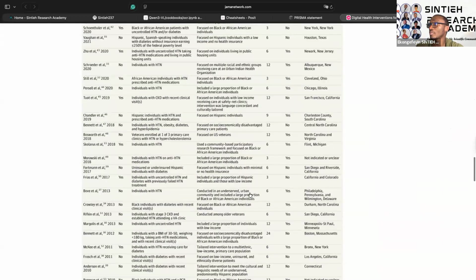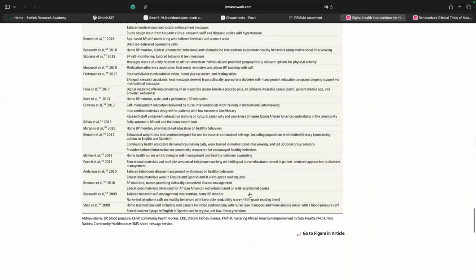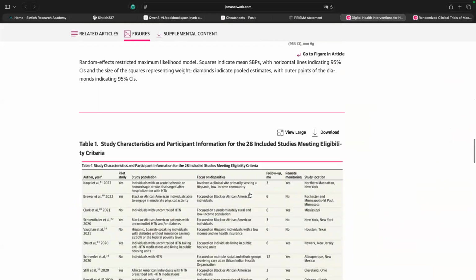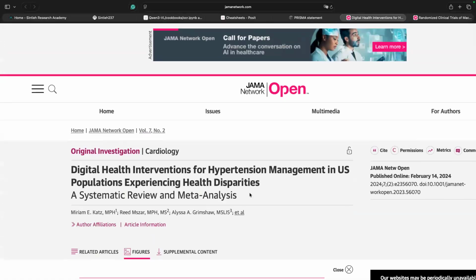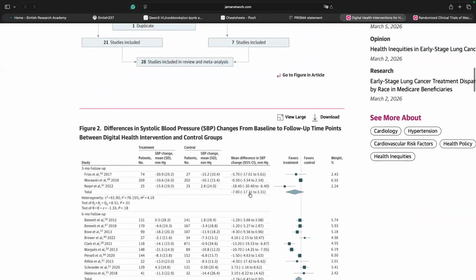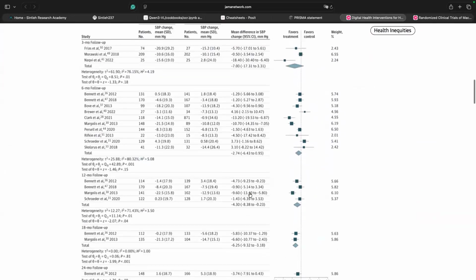Good. Please, doctor, I have a question. Go for it. My question is about the forest plot. If I understood well, the forest plot is based on the study significance. So I wanted to know what determines the significance of a study.